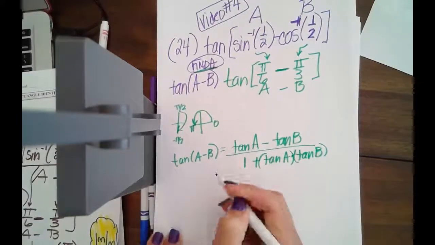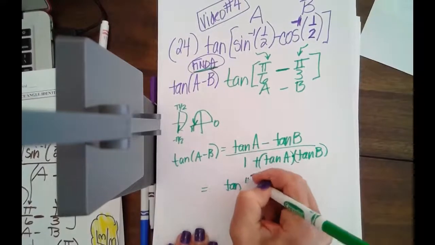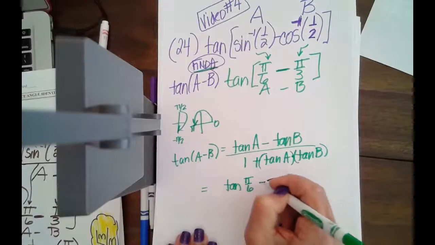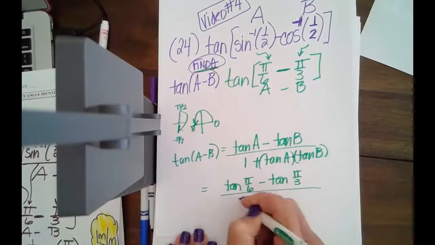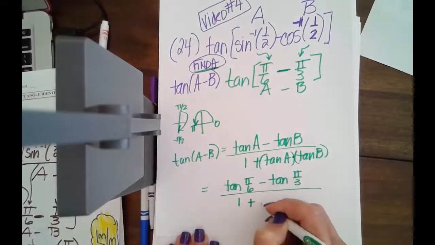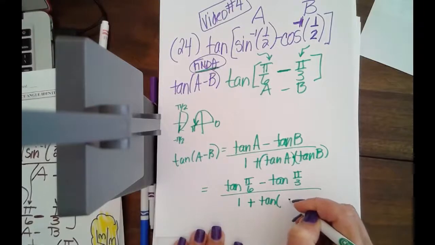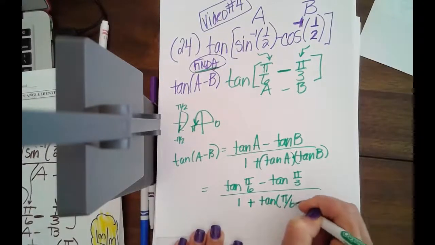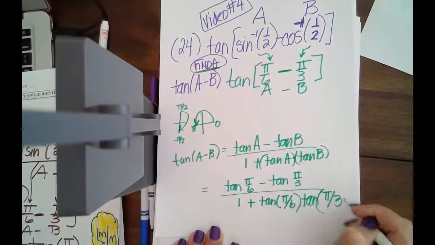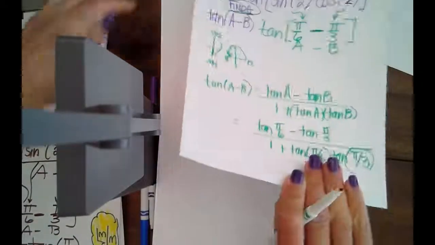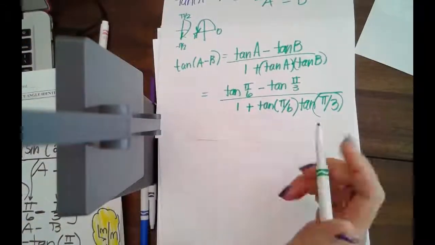Okay, so our alpha is pi over 6, so it's going to be tangent pi over 6 minus tangent pi over 3, over 1 plus tangent pi over 6 times the tangent of pi over 3. All right, so that's going to make up the denominator. All right, there's our entire formula. So now we're just going to substitute the values in and do the math.